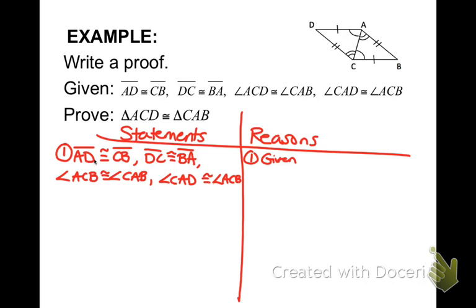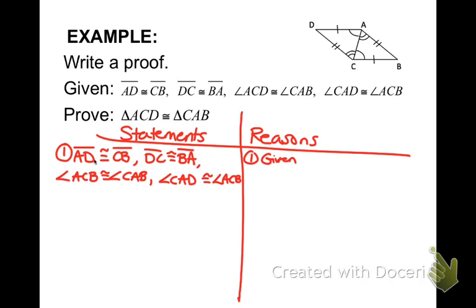AC, so quick refresher, AC would be congruent to what? AC would be congruent to CA, is one of my sides. CD would be congruent to what? AB. And AD would be congruent to CB. Good. Now let's do my angles, because they have more than one letter, I'm going to use all 3.